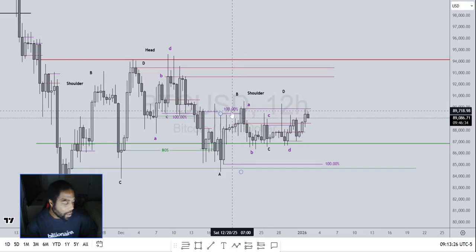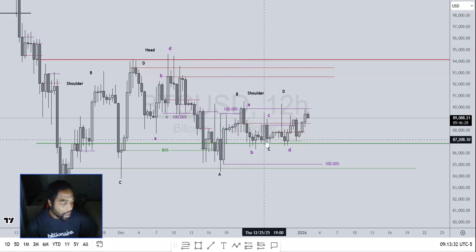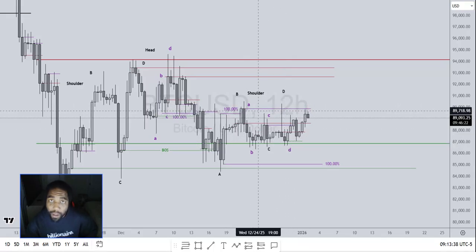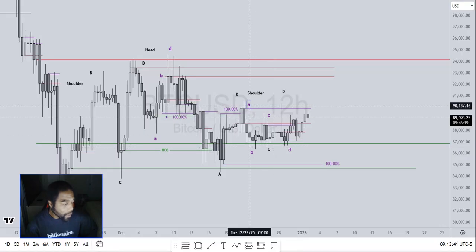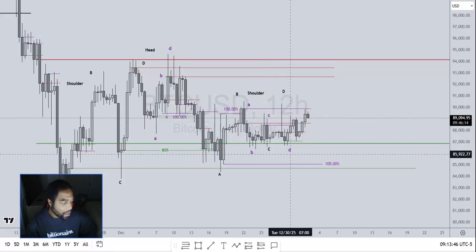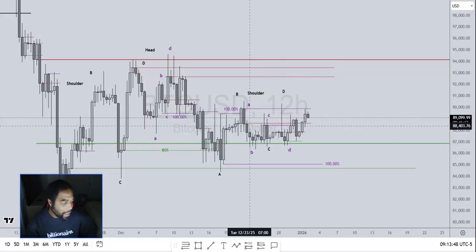We got this swing to swing here and then a bearish retracement. So in that, we want to read the retracement, correct? In reading the retracement, we got this structure retracement here, A, B, C, D, right?